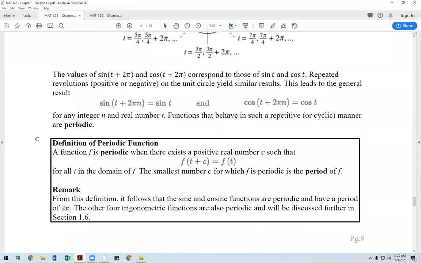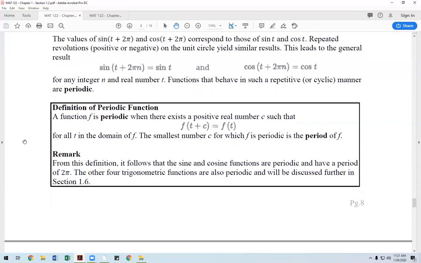And like I mentioned, this actually works with both by adding or subtracting a value from it. So we're just saying, as a definition, if you have a periodic function, you take a positive real number c in such a way that when I add it to my function, I still end up at the exact same function value. And this is true for any value of t in your domain.